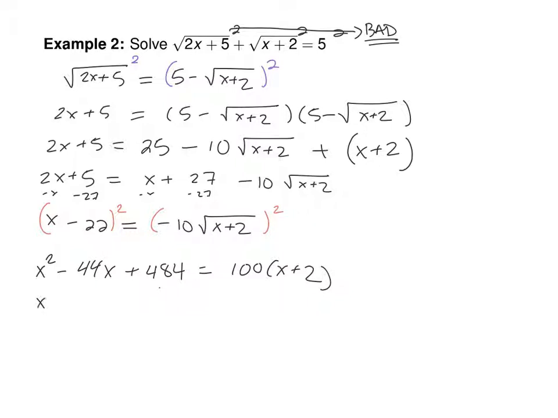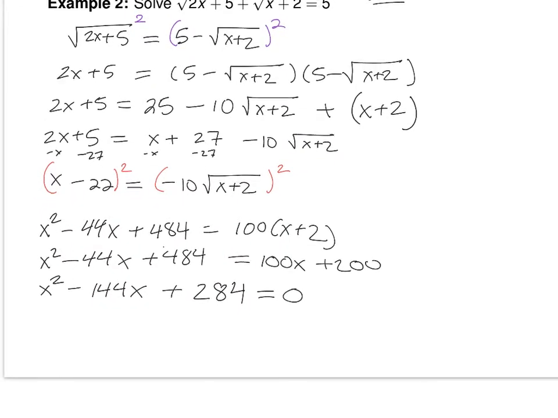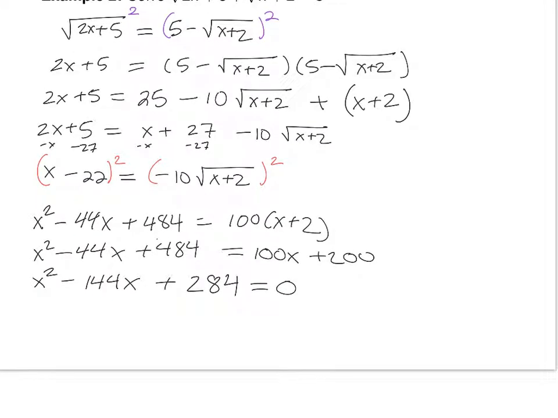Okay, so that's x squared minus 44x plus 484 equals 100x plus 200, right? So x squared minus 144x plus 284, right? Okay. I know it's painful.